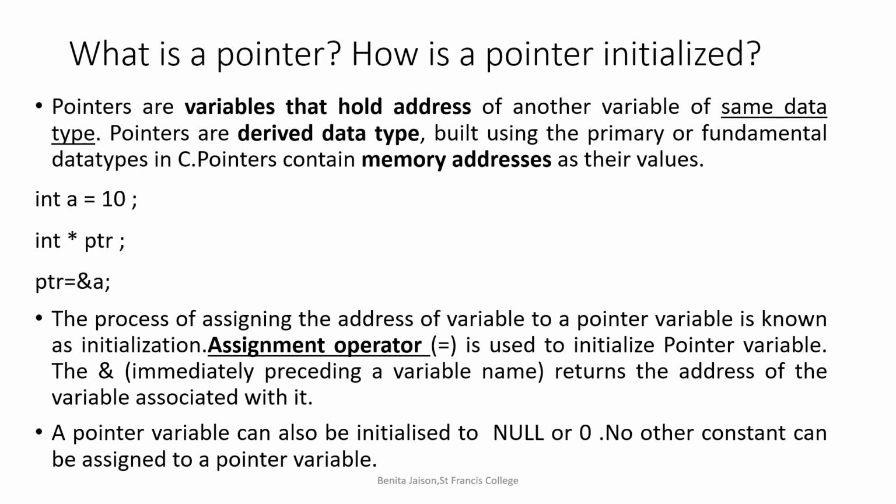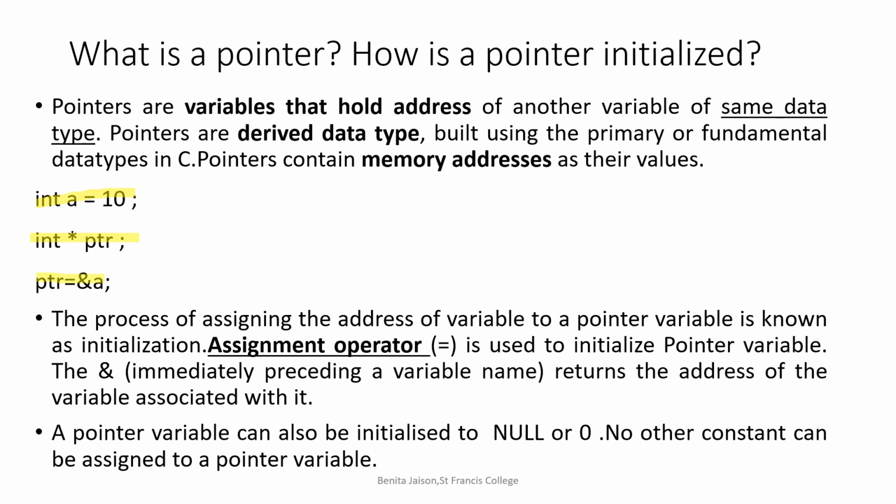The process of assigning the address of a variable to a pointer variable is known as initialization. So here first we declare a variable, assign a value, and then we declare a pointer variable. This integer a is an integer data type variable, and it is assigned a value of 10.